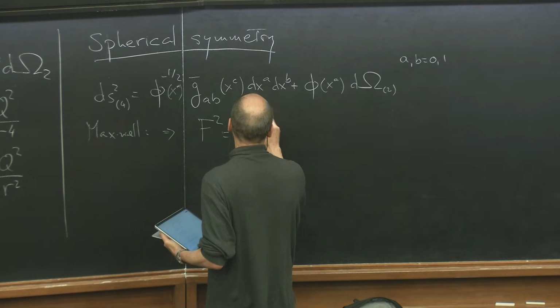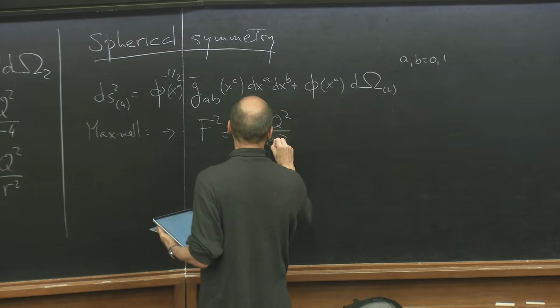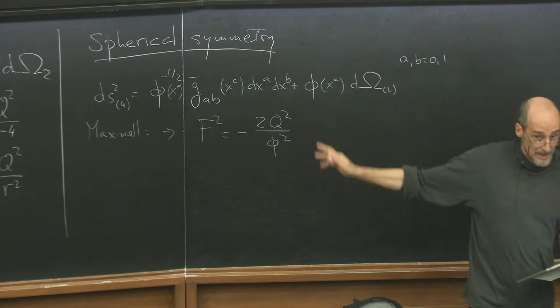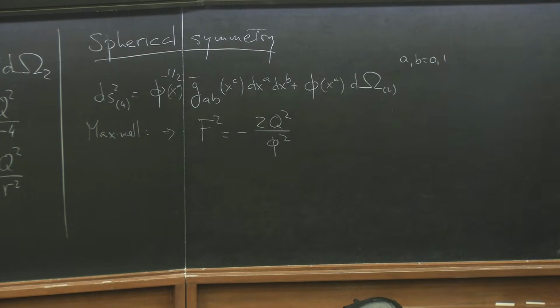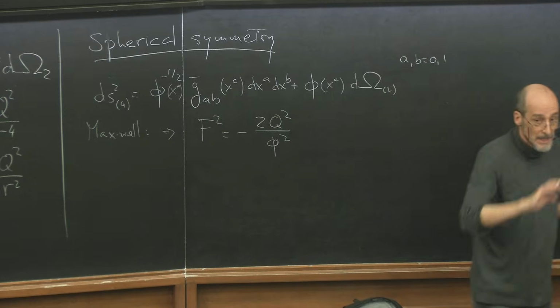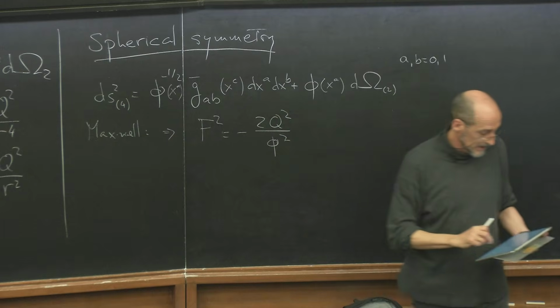This will be minus Q squared over phi to the fourth, where phi is a function that we've defined before. Q is an integration constant that you can identify as the charge by taking Gauss's law. So you have a spherically symmetric electric field. This is the field strength.